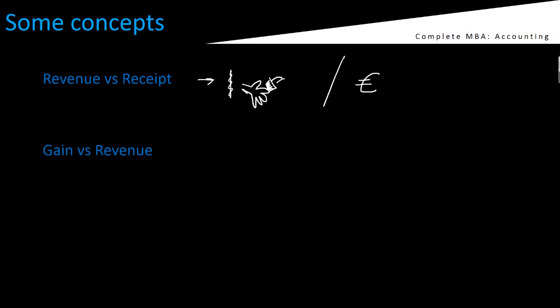The second one is the difference between gain and revenue. Gain is revenue coming from non-primary operations. This is, for example, money that came because of a lawsuit.